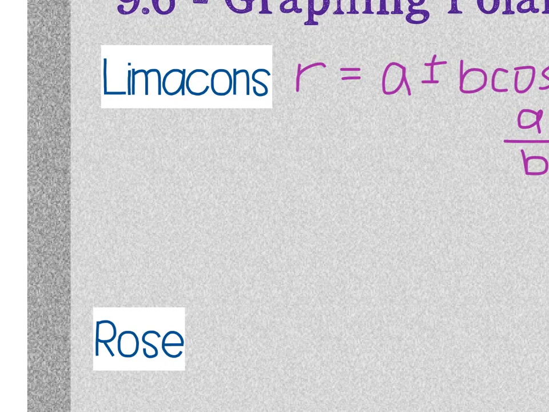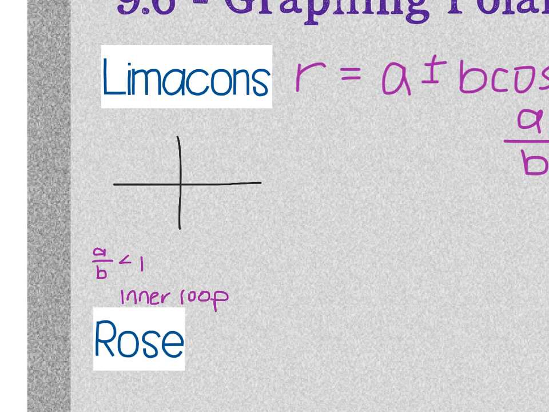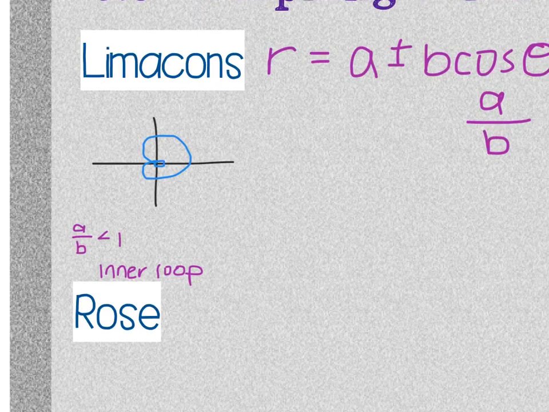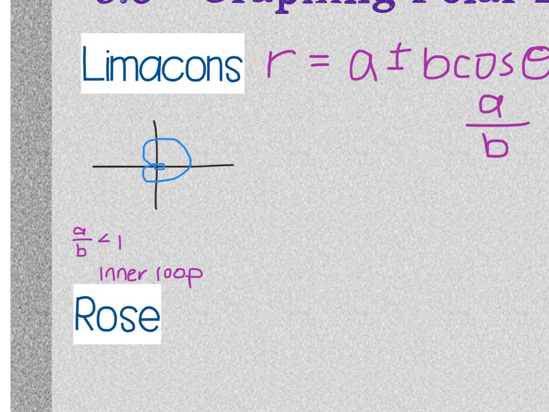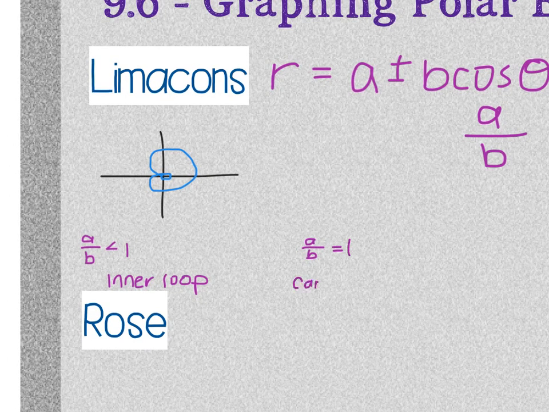If a over b is less than 1, it's an inner loop, which looks something like that. Oh, but it should be a little bit lower. It should be on the axis. Let's see if I can get it better. Something like that, okay?